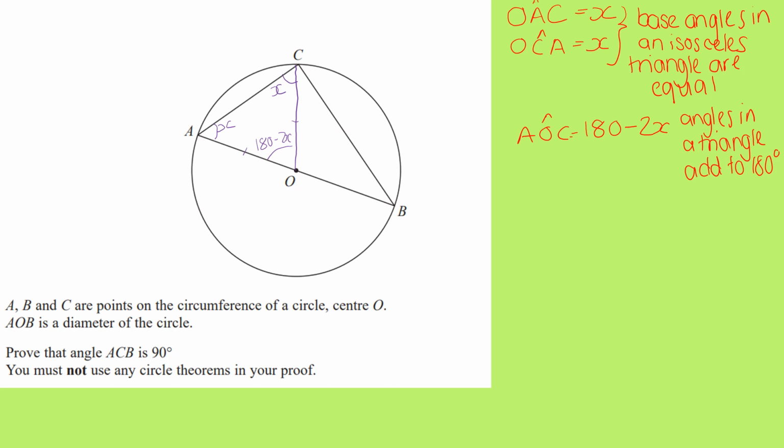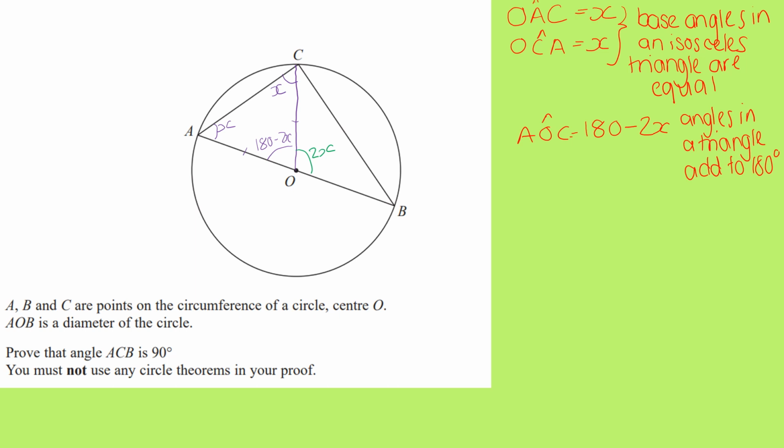Working here, can I work out what this angle is? Well, yeah, because that's got to be 2x. We know that these two angles here, this is a straight line, the diameter is a straight line. We know they've got to add up to 180. Well, if this is 180 minus 2x, then that's got to be the 2x to build up to 180. So let's write that down as well.